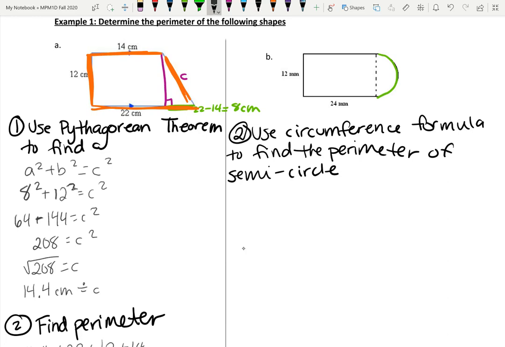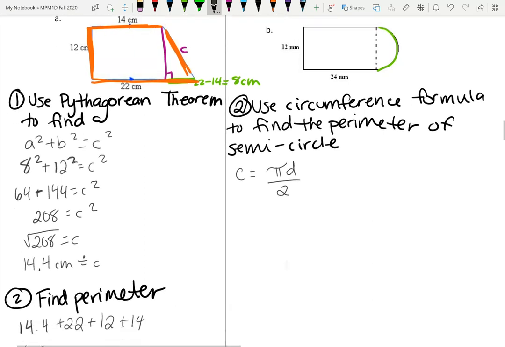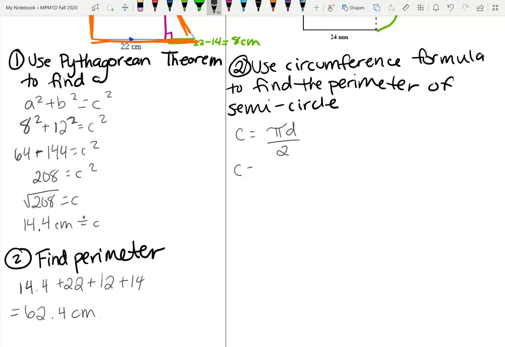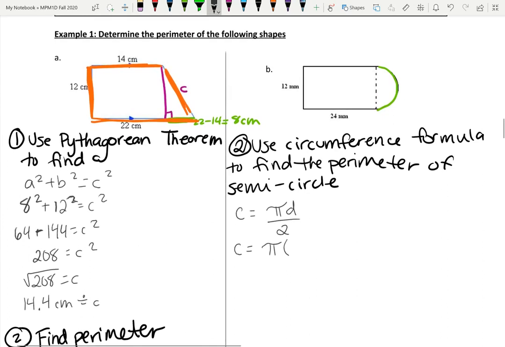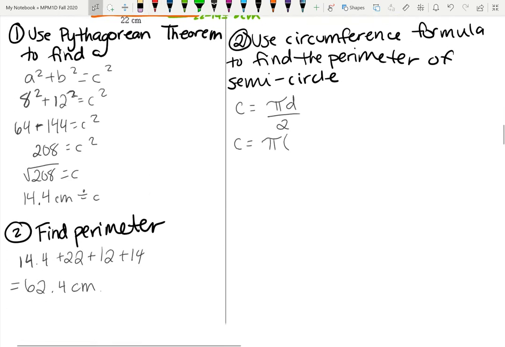Okay, so circumference is equal to pi times diameter, and now I'm going to divide it by 2 because we're only interested in half a circle. So if we extended this to be a full circle, this right here would be your diameter, which is the same length as the side of the rectangle. So our diameter is 12 millimeters.